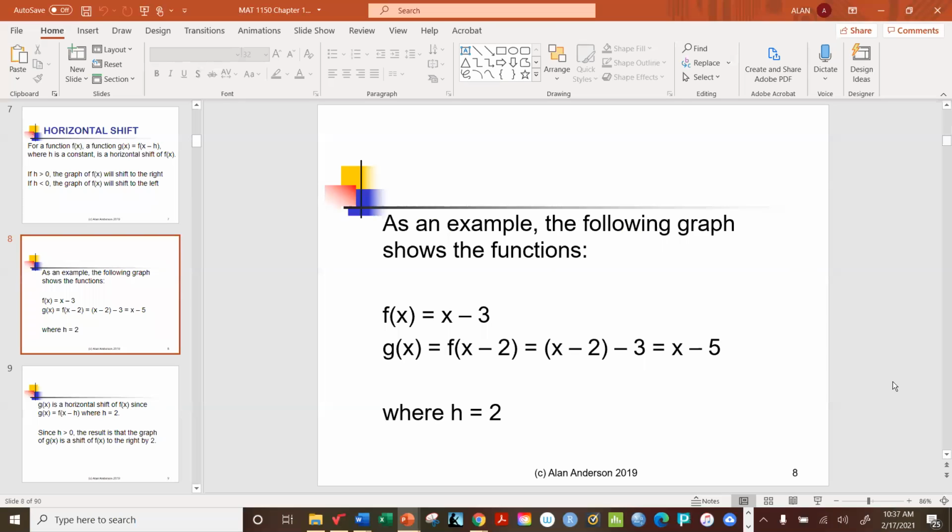Both of these are straight lines, by the way. They're parallel because the slopes are both 1, but what's different is the vertical intercept. All right, are we ready? Let's take a peek at this.